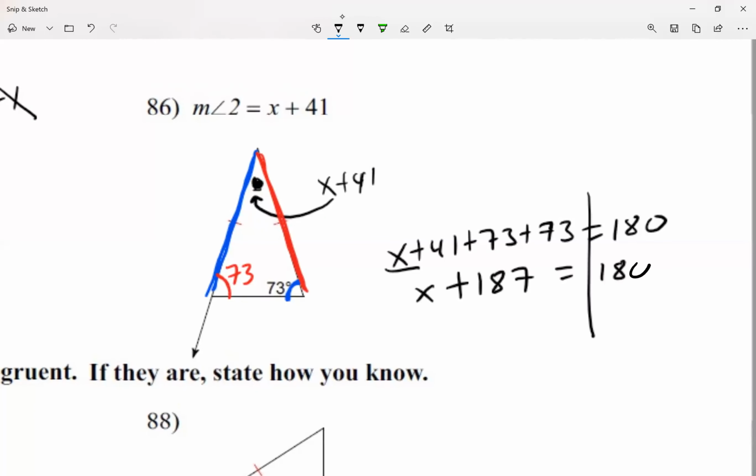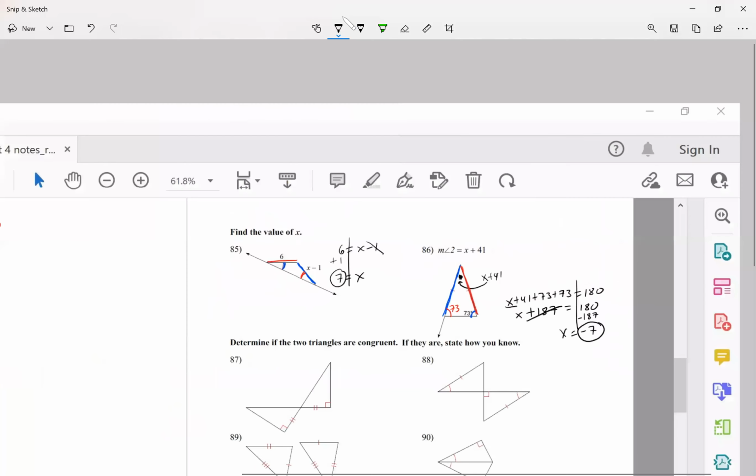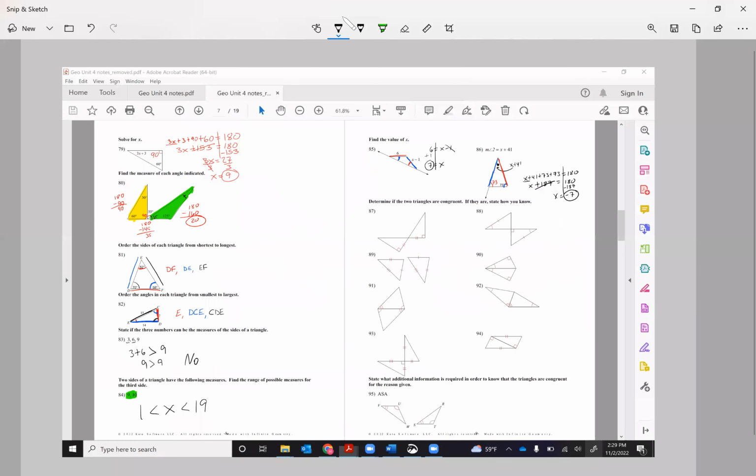And all this is equal to 180. I can get the x by itself. Let me cancel this plus 187 as long as I write it on the other side as a minus 187. Gotta switch the sign. So I get that x is equal to a negative 7. Right, 180 minus 187, that's a negative 7. There's my value of x. Cool. Let me zoom out so we can see what we did for today.